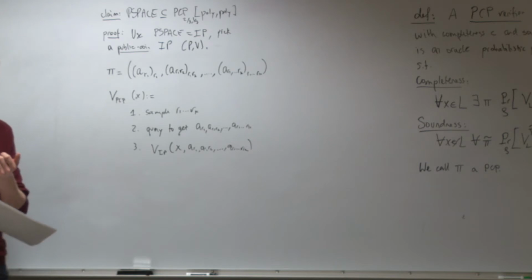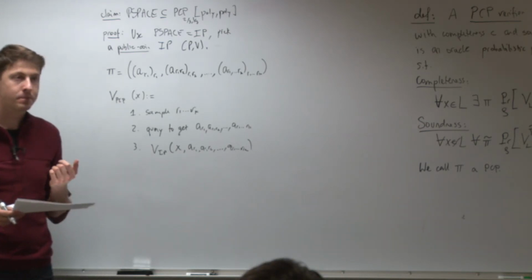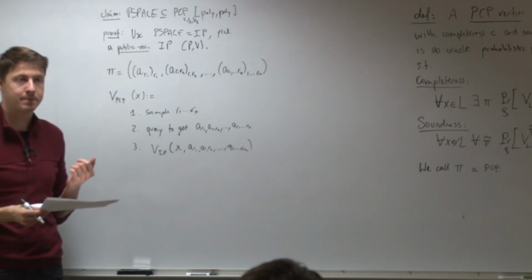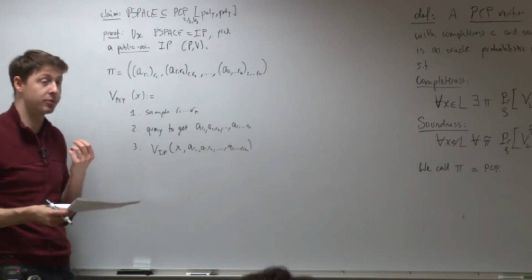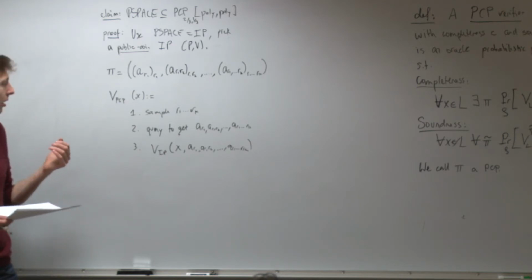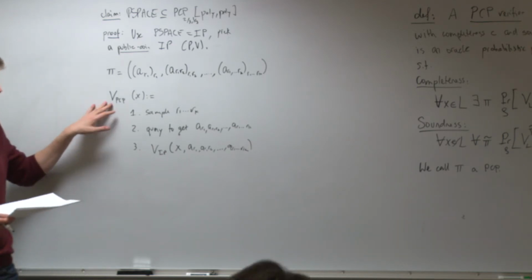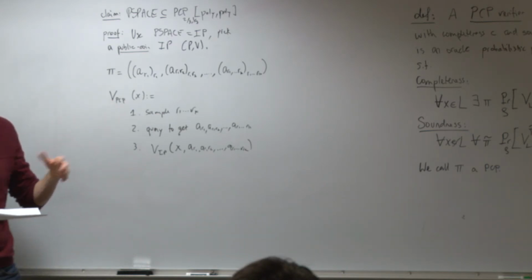Now, how many queries am I asking? All right, let me ask first, how much randomness am I using? K bits of randomness? How much randomness does the verifier use?